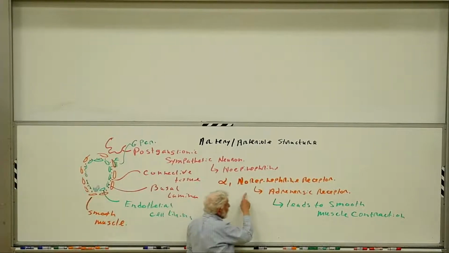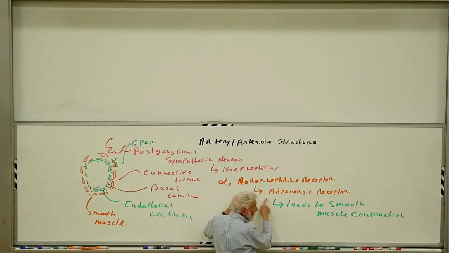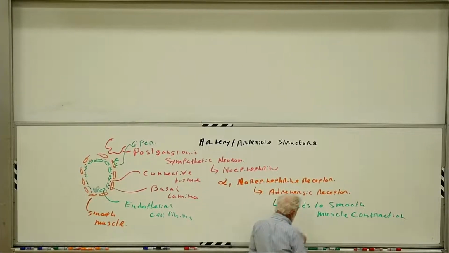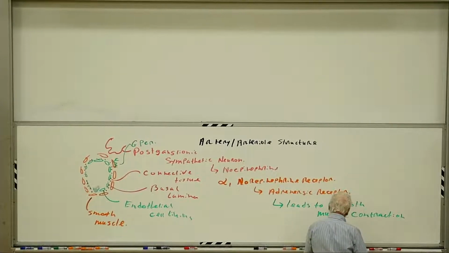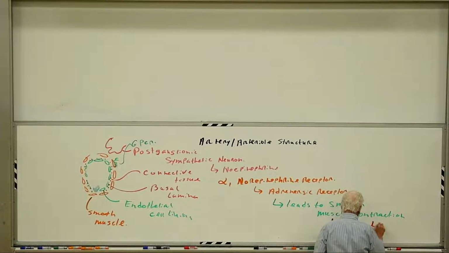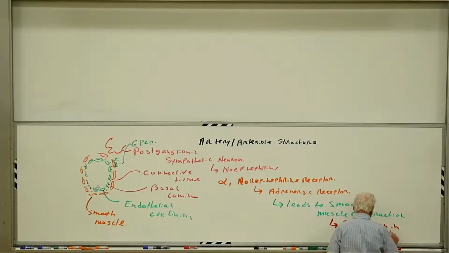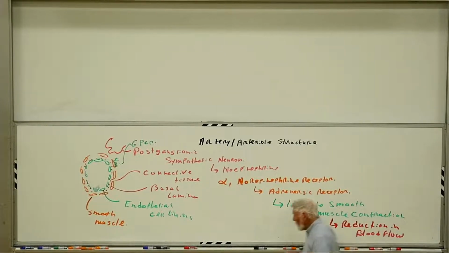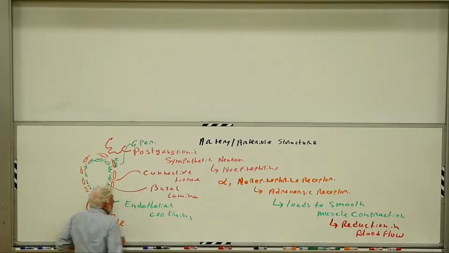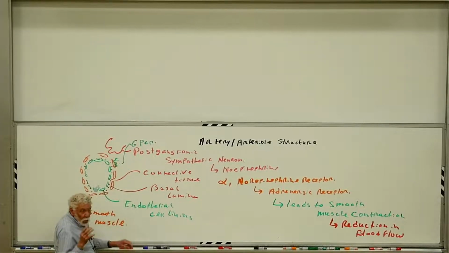By contracting the smooth muscle, leading to smooth muscle contraction, this now in turn leads to reduction in blood flow. But that reduction in blood flow is going to be local, because remember, we just said it's a closed system. So even if we shunt blood to one region, we have to shunt it to someplace else. So we're going to have a continual volume of flow through the system.